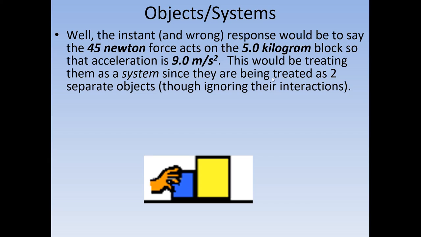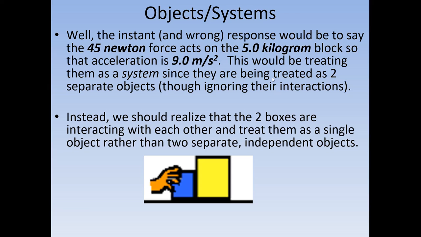When I push the 5 kilogram forward, that 10 kilogram block is adding more resistance to the 5 kilogram's motion. So I have to make sure that I include that as well. I can't treat the 5 kilogram object as being completely unique and unhindered by the 10 kilogram object.